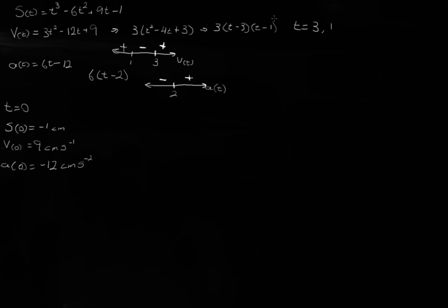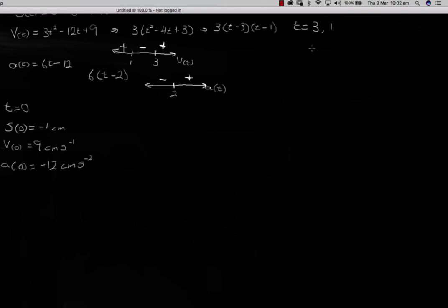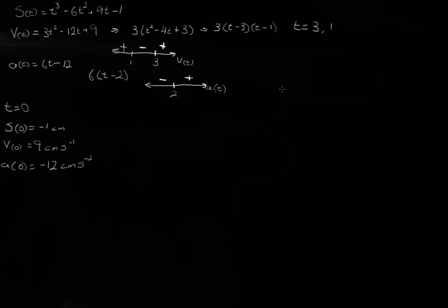And we've already worked that out. We already know that when time is equal to 3 seconds or 1 second, velocity is equal to 0. And we know that this is a change in displacement. So what we need to do is, with our displacement formula, substitute in the values of 3 and 1 and see what is it actually doing at this point.